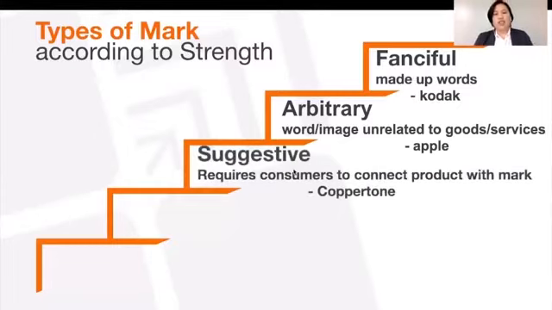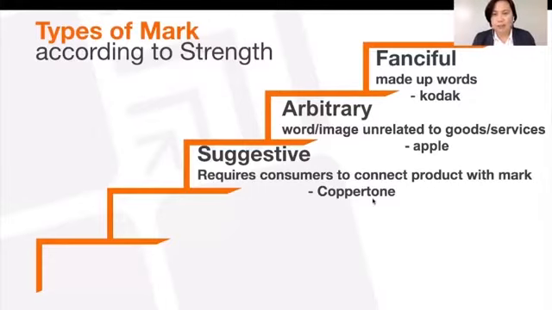Next one, you have a suggestive mark. In a suggestive mark, there is this hint, okay? But it requires consumers to connect the product with the mark. Although it is hinting on something, it doesn't directly say that it is that thing, okay? For example, Coppertone.